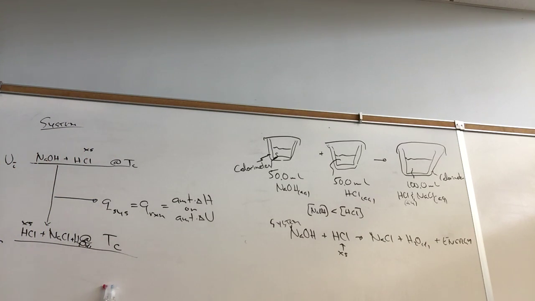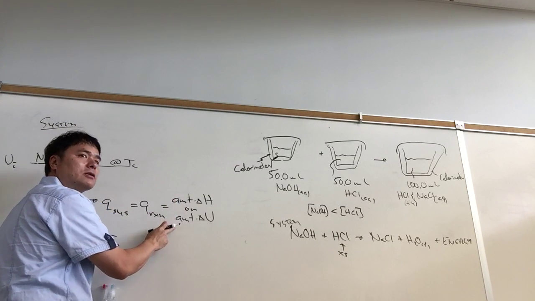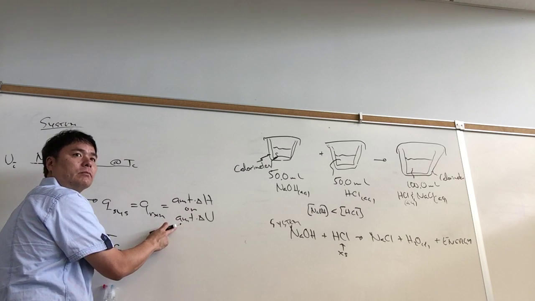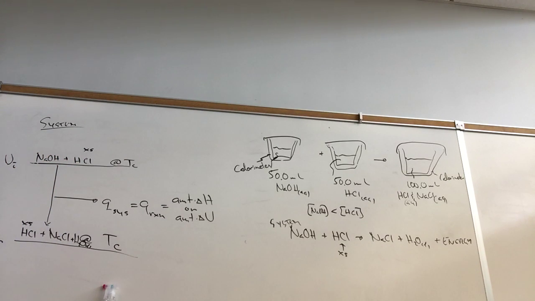And so we use amount times delta H under what conditions? Constant pressure. If it's constant pressure, it's delta H. If it's constant volume, it's delta U. Well, that depends. Are we doing this in a bomb or in a coffee cup?